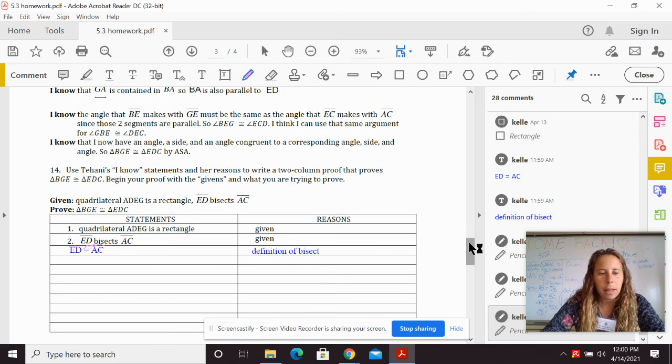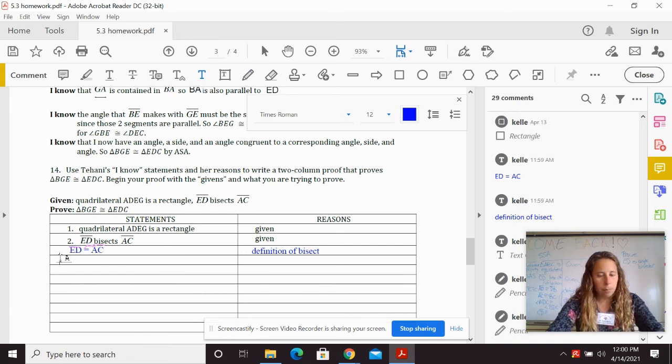You can also just combine them and say AC is, oh geez, doesn't work. I don't know how to make my parallel. I'll draw it in. AC is parallel to GE, and GA is, I'll draw it in, parallel to BE.